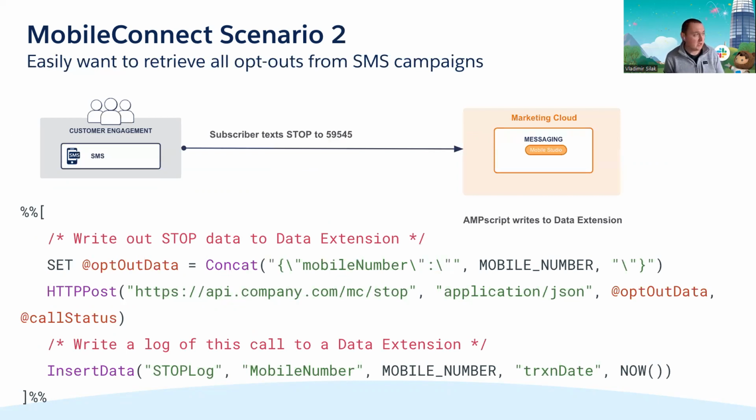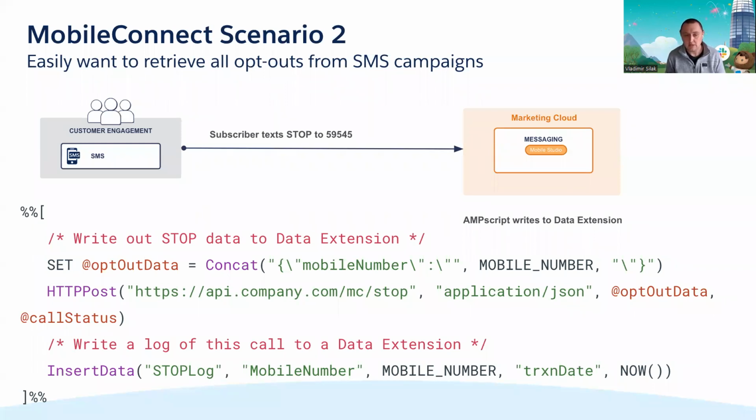A similar idea: if you want to receive opt-outs from SMS campaigns, so the customer wants to be informed of any opt-outs in near real time, you send a message to the Marketing Cloud. Again, we're picking up that message, we're responding, we're writing to the data extension, potentially doing a bit of lookups, and we're providing a bit of a response back. Again, this could be done through API, or maybe through landing page handling.